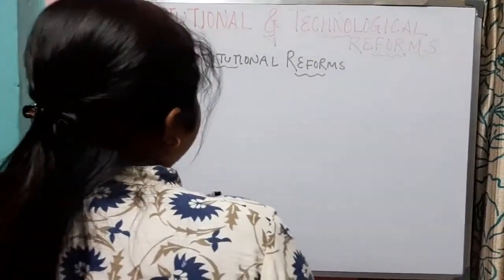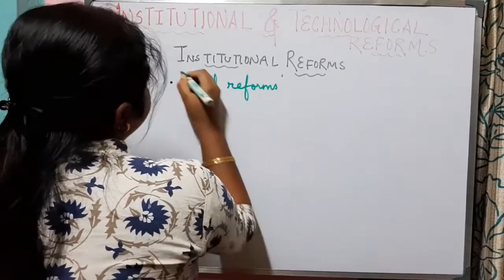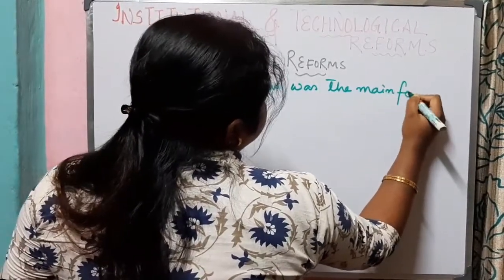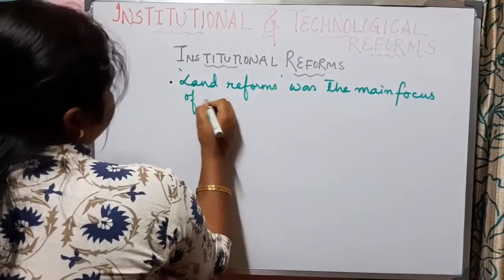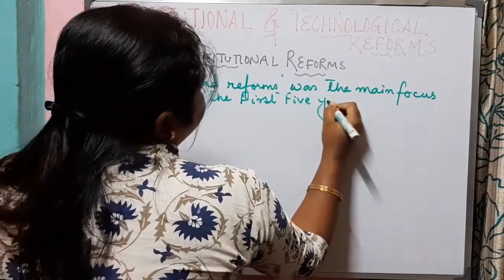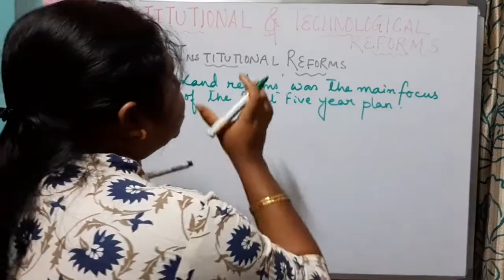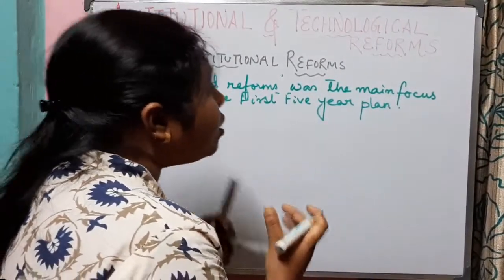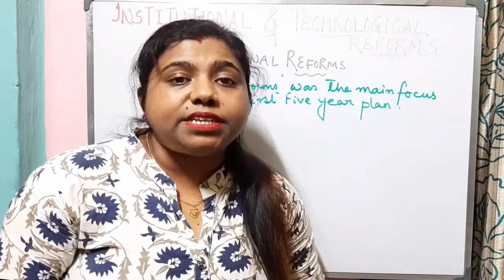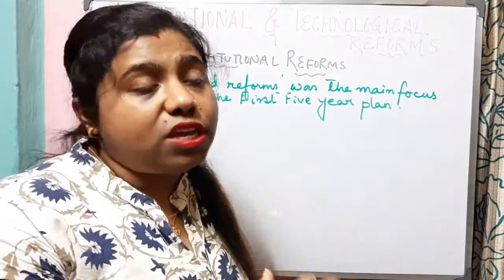So we can say that land reforms was the main focus of the first 5-year plan, because if land reforms are not done, then how will the farmers be able to feed the increasing population? And being an independent nation, the government wanted to provide food security to each and everyone.